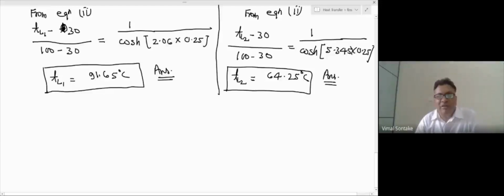And when it is made up of steel, having K value 49 watt per meter Kelvin, tip temperature is 64.25 degrees Celsius. So what is the conclusion I can draw here?